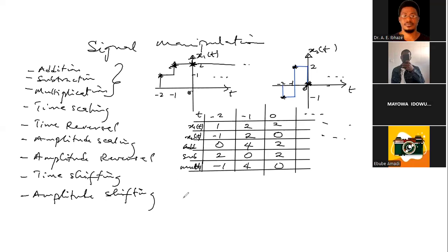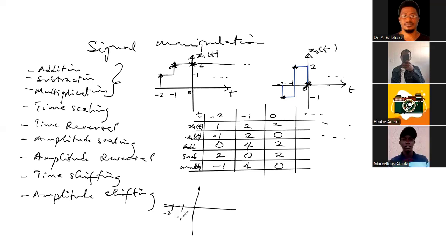If we now decide to plot the signal for addition, what do we get? At -2, we have 0. At -1, we have 4.